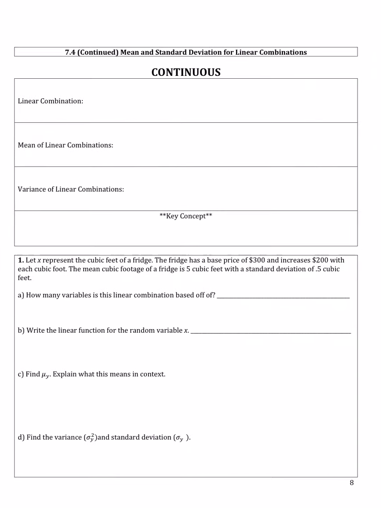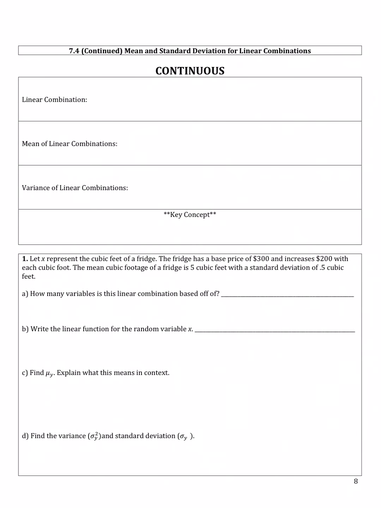We are moving right along, and now we're talking about how to find a mean and standard deviation for a continuous random variable. In order to do this, we need to create something called a linear combination.